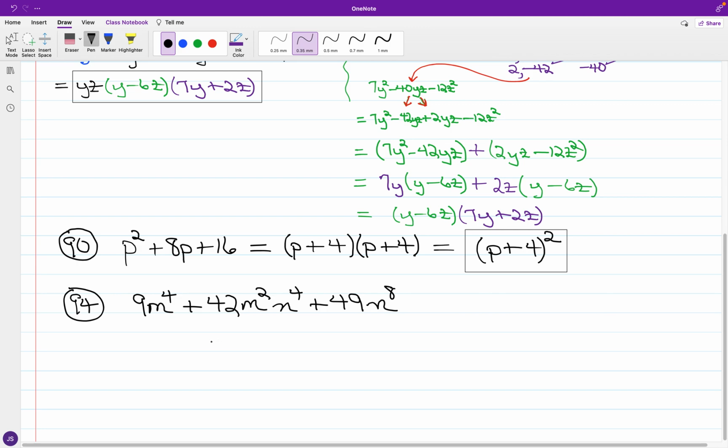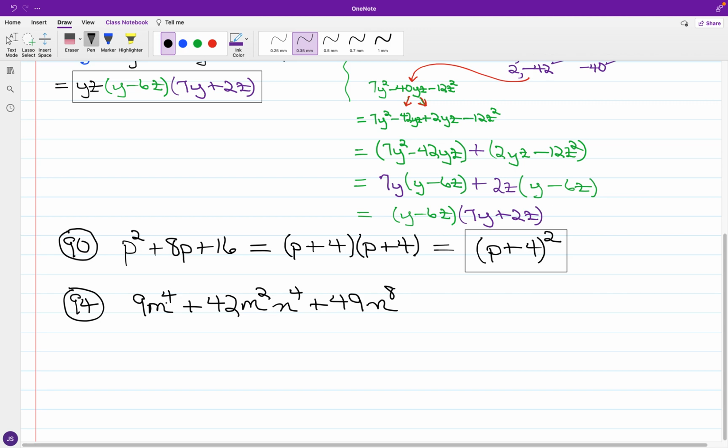We have degrees in m and n present in this expression. However, m and n are not both shared by all terms. The first term is missing the letter n, whereas we have the variable m shared only between the first two terms, and the last term is missing it.